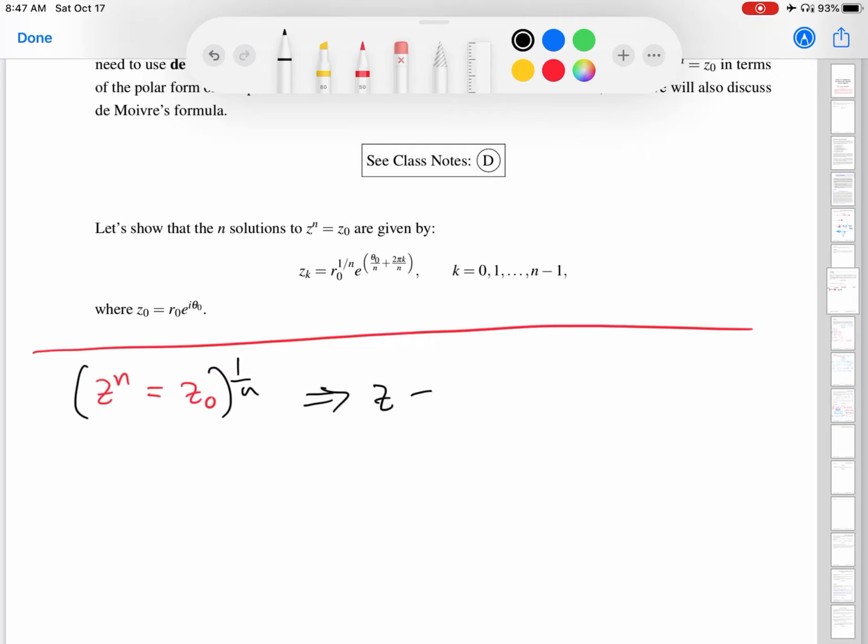This will give me z equals the nth root of z sub 0. That turns out to be one of the possibilities.